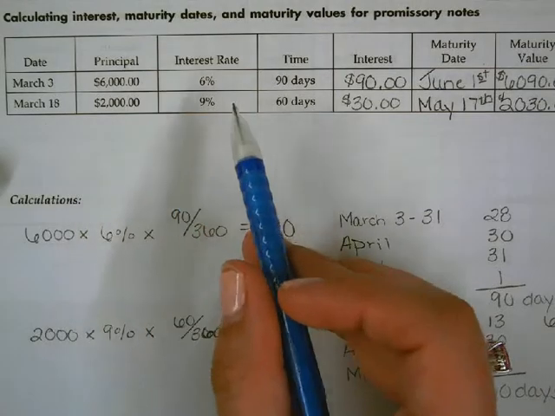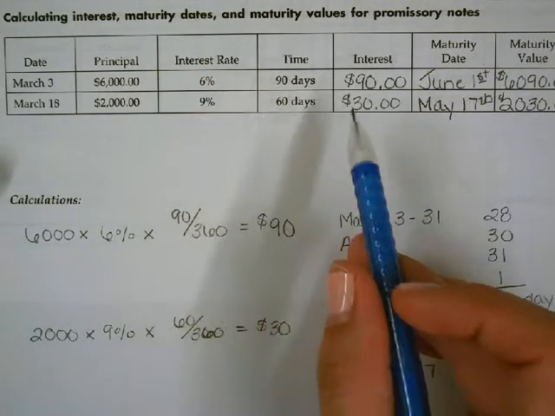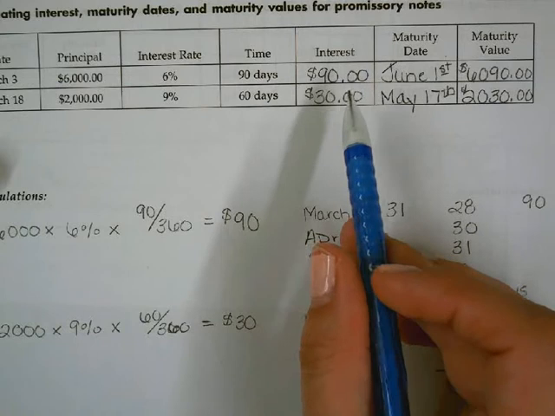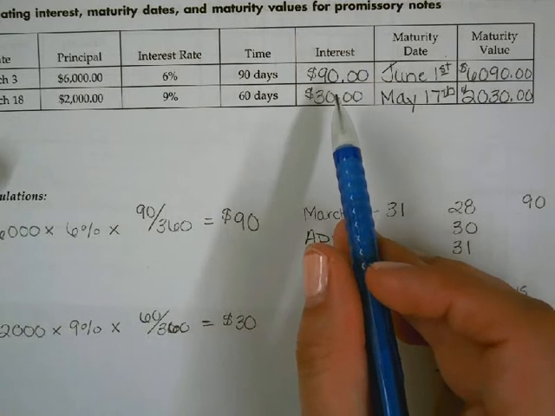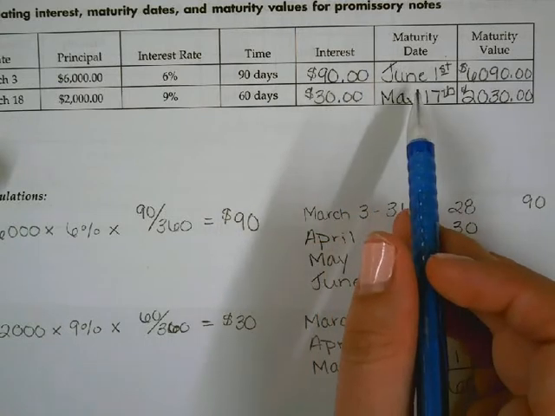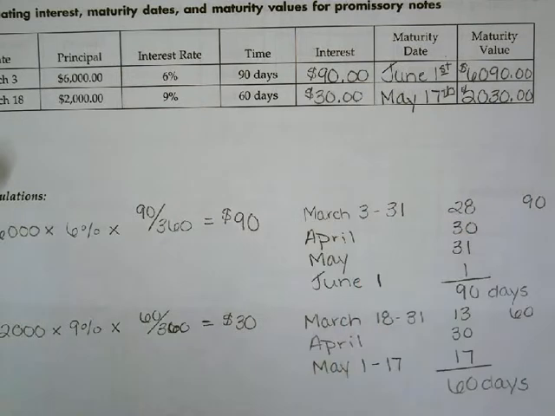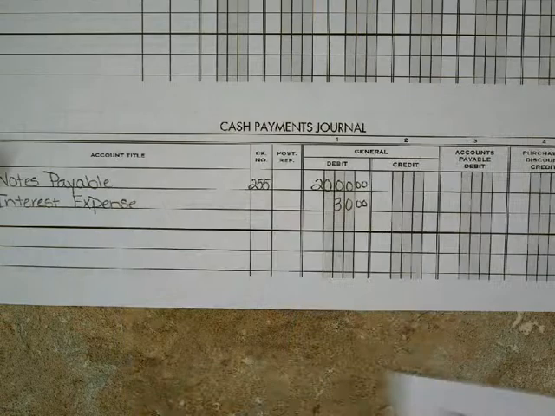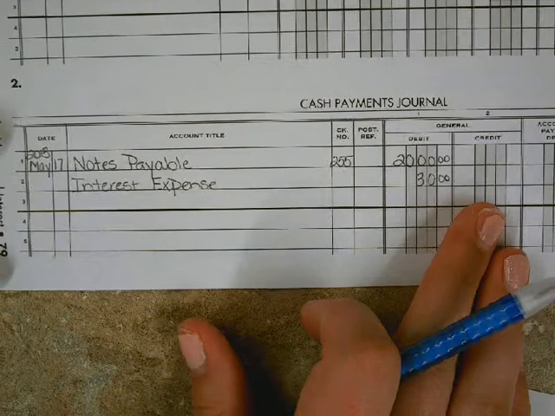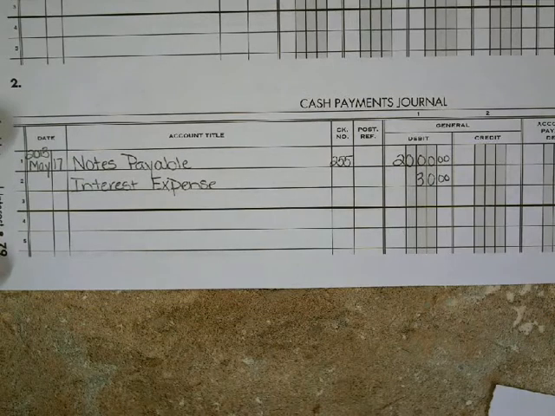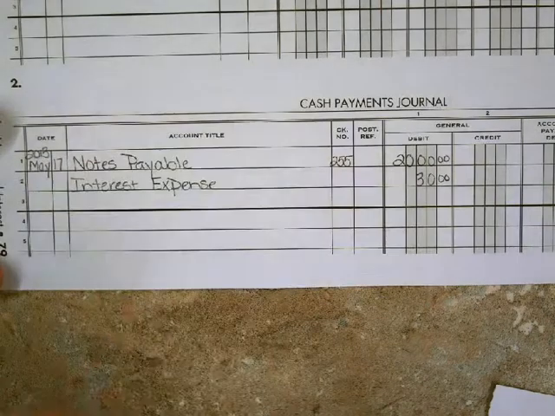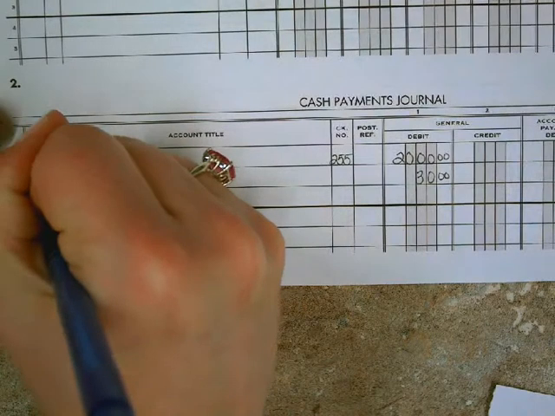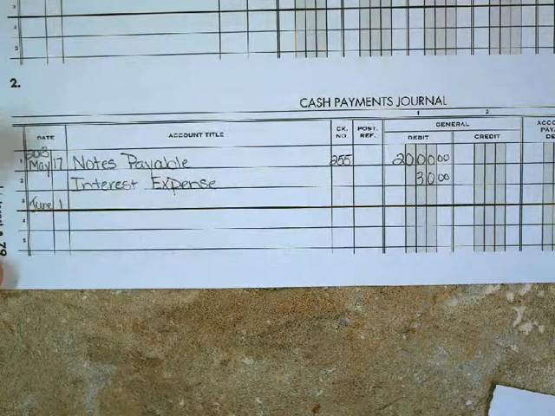My maturity date is June 1st, and my maturity value is $6,090. And so what am I going to use for my date here? June 1st. How much cash did I pay? $6,090.